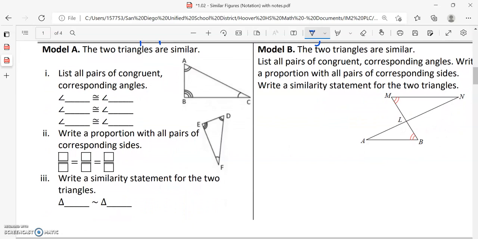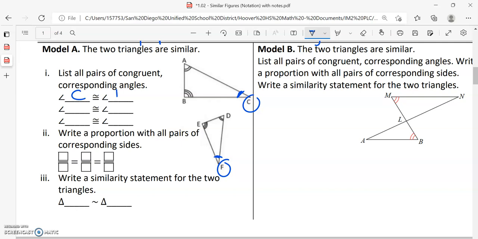So Model A, the two triangles are similar. That's a statement. List all pairs of congruent corresponding angles. What you're going to look for here is these tick marks. If there's 1 in there, that means that the 1 and 1 are congruent. So angle C and angle F are congruent.